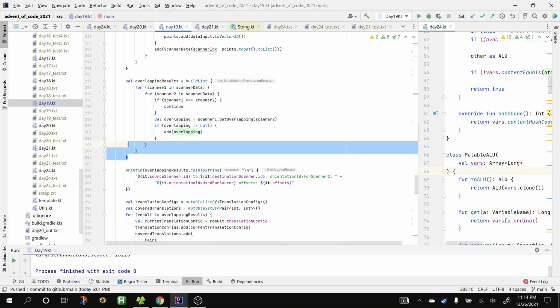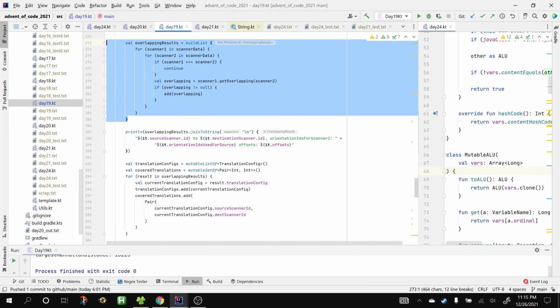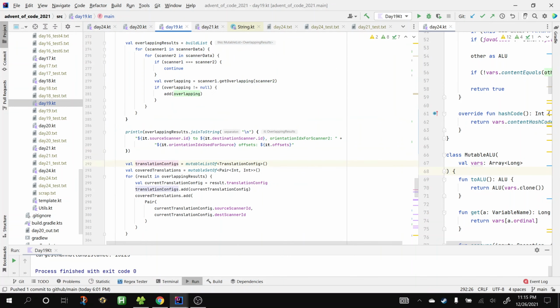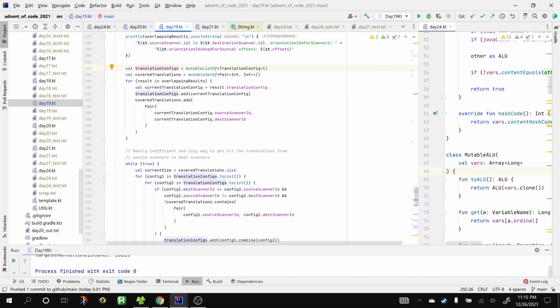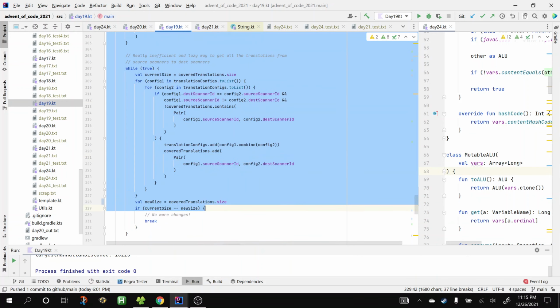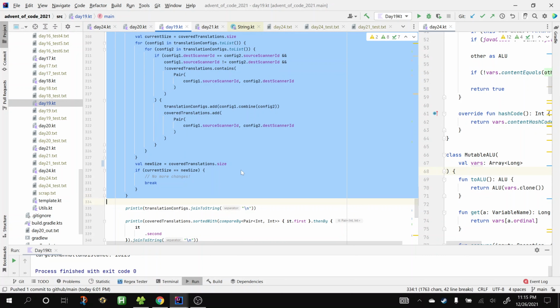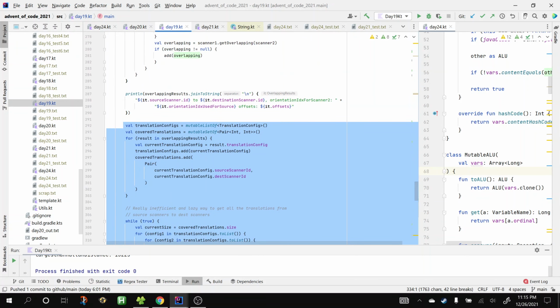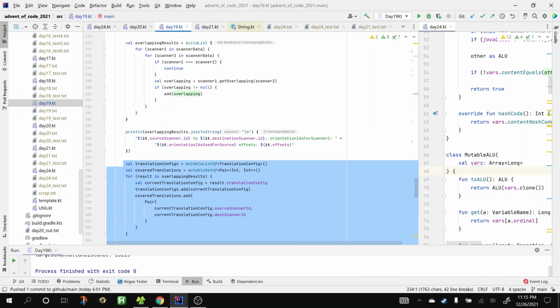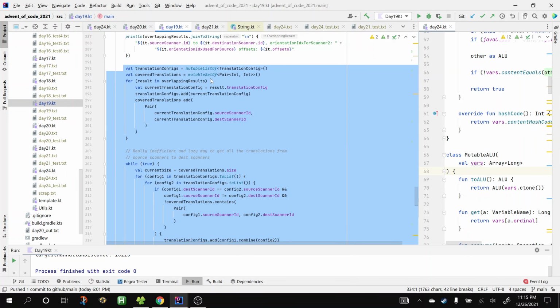Okay, so after I get all these overlapping results, next was getting the translation configs. And for this, from getting that from the overlapping results, I already know how to translate between some of the scanners, but not all of them.